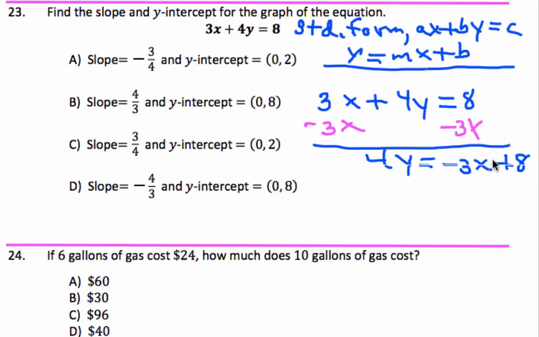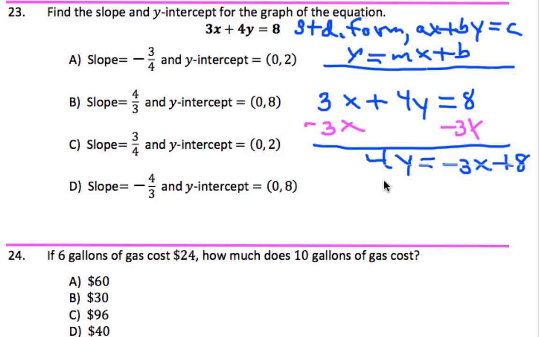Now you'll notice that I wrote negative 3x plus 8 instead of 8 minus 3x. But it does not matter the order in which we add, and you'll see the numbers are the same. Here we have negative 3x, here we have negative 3x. Here we have positive 8, positive 8. The reason I did it this way is because it more closely resembles the slope-intercept form over here of mx plus b in that order.